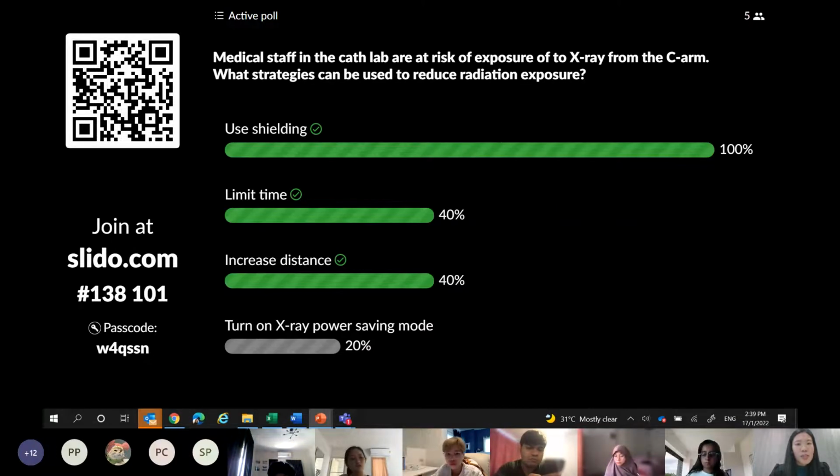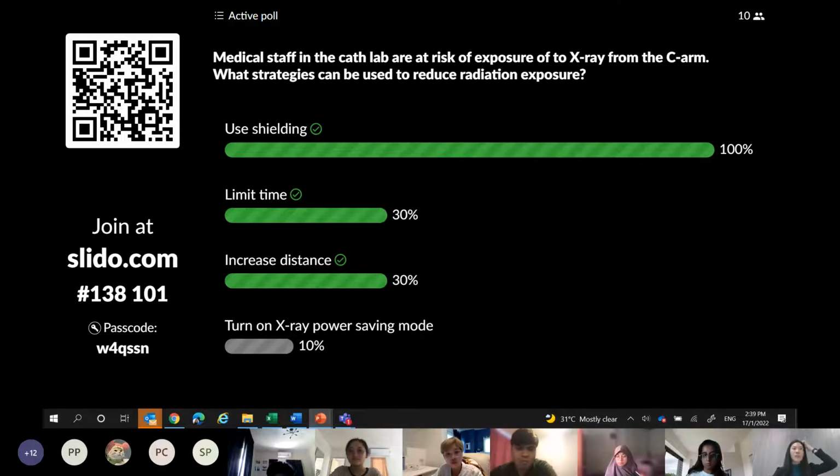So I can tell you that there are 3 answers. These 3 answers are very commonly used in the cath lab. I think if you go into any cath lab or even an X-ray room, even an X-ray observation room, they will always tell you to do this. From your observation, when you do your health checkups, you will experience this.